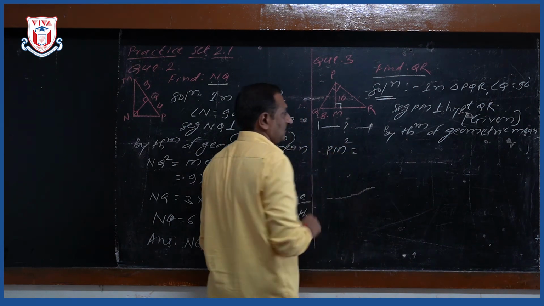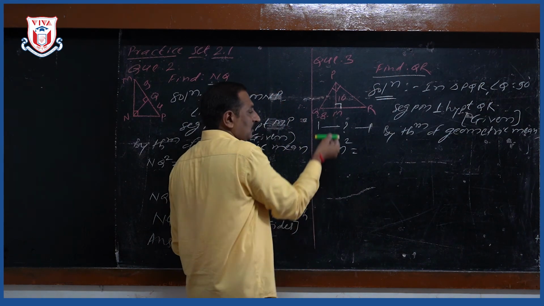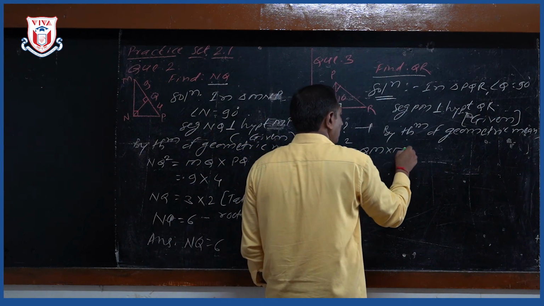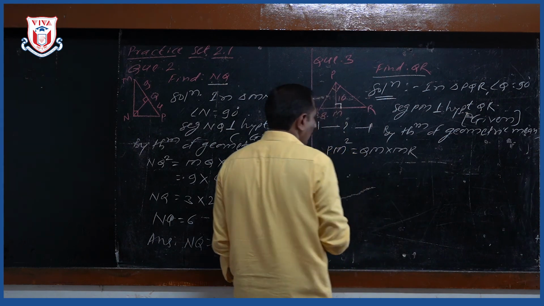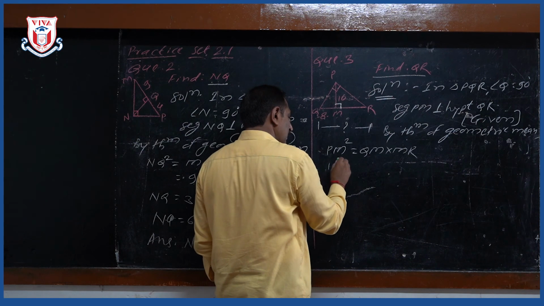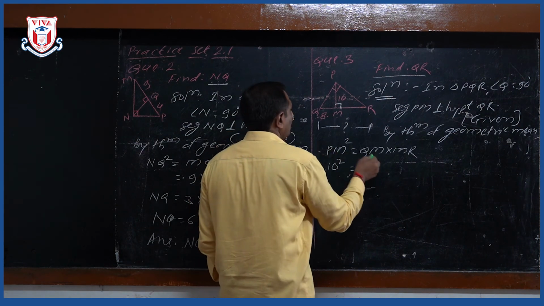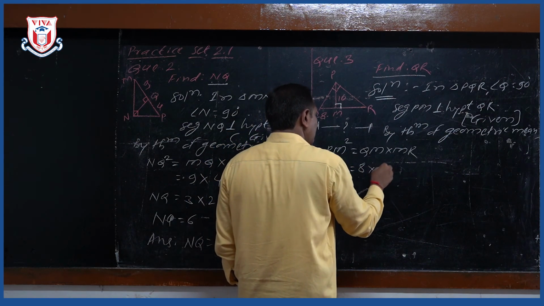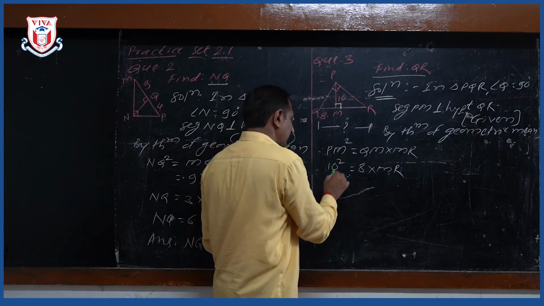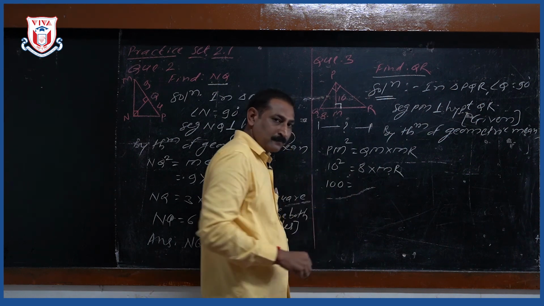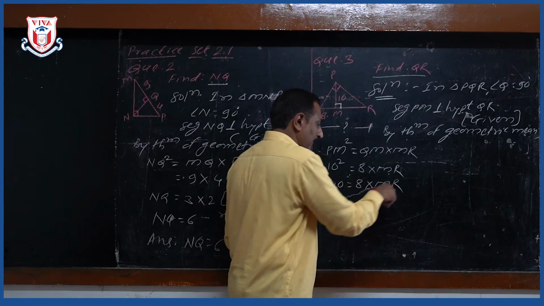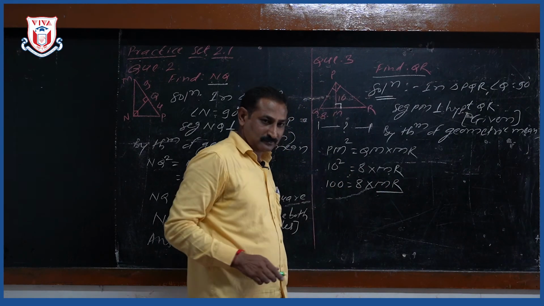PM square is equal to QM into MR. Now substitute the values here. PM is 10 given, 10 square, this is equal to QM is 8 into MR. Now the square of 10 is 100, this is equal to 8 as it is into MR. You find the value of MR.